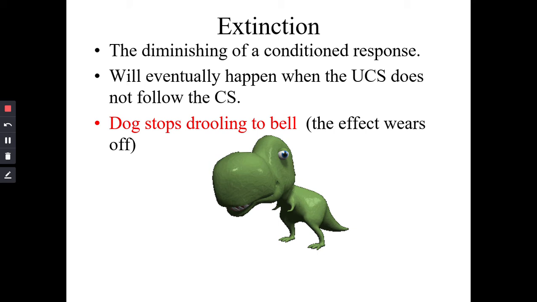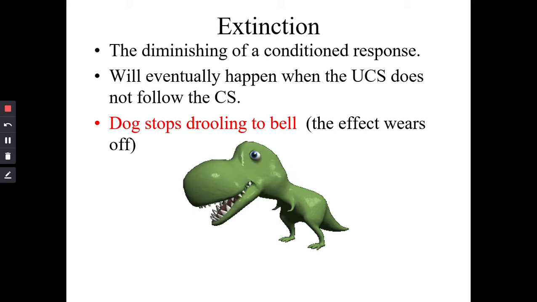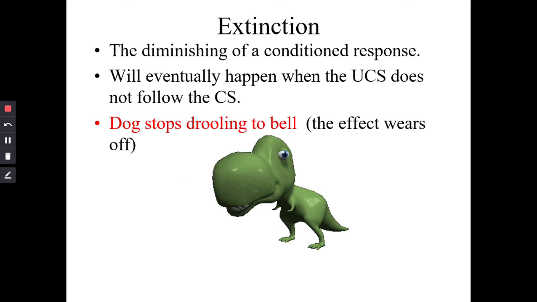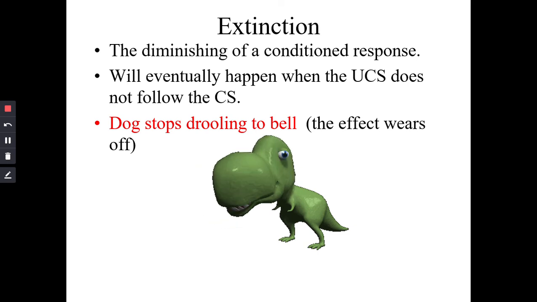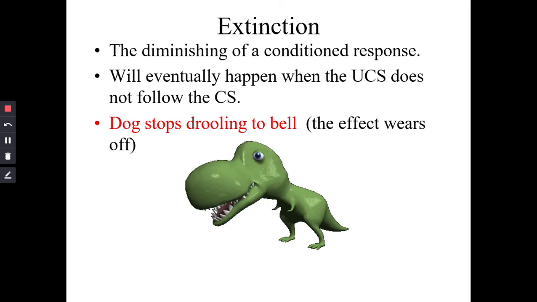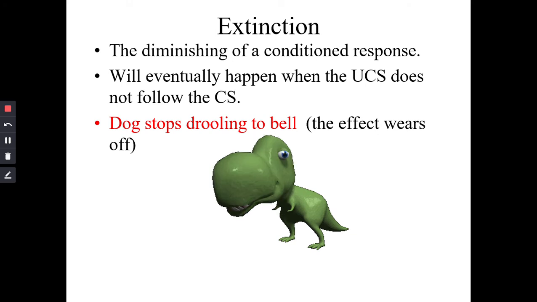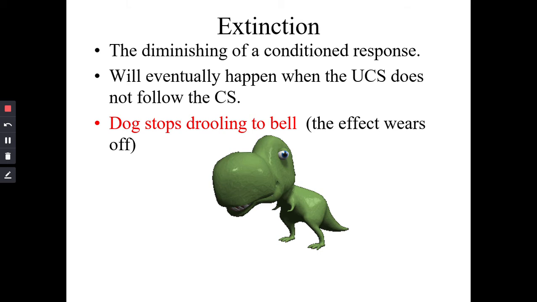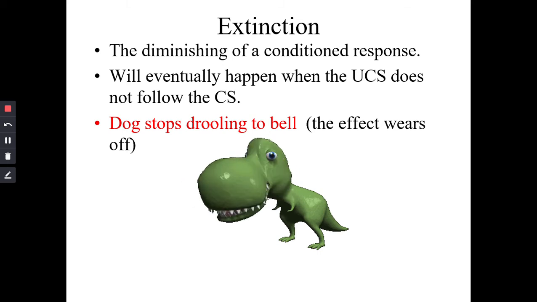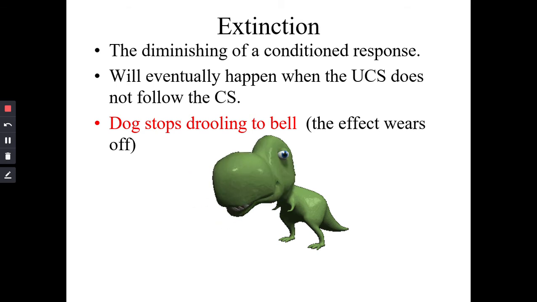Extinction. The dog stops drooling to the bell. And if you want to write this down, the effect wears off. Let's say I go to a restaurant, I get sick, I throw up in the bathroom, and as a result, I don't want to eat there anymore. Well, after a few years, maybe I'll get over it and I'll start eating there again.